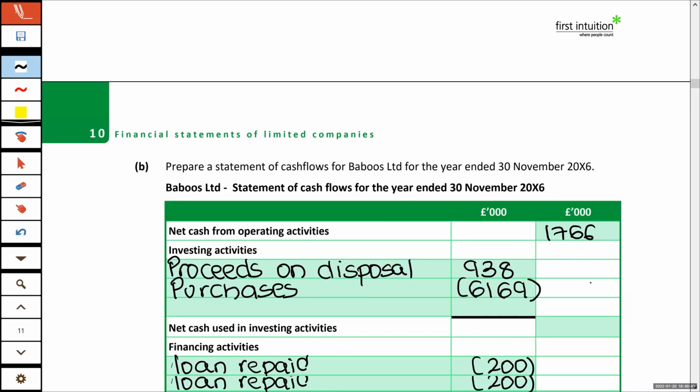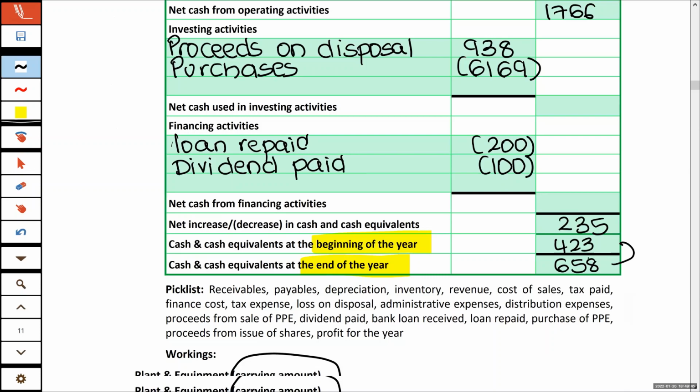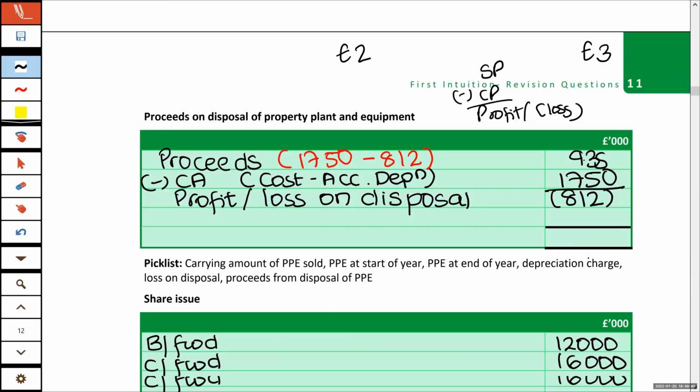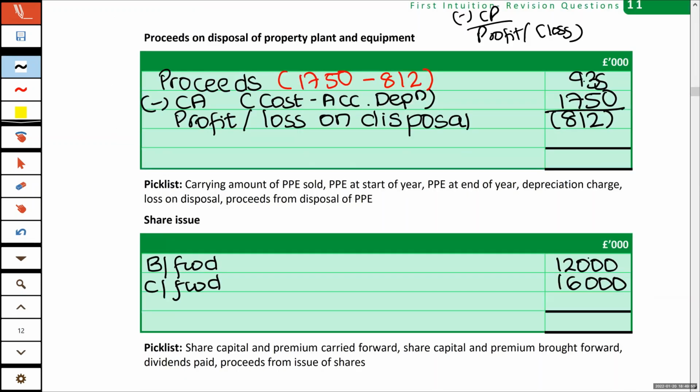And in part B, I'll look at all my workings to make sure I've closed them, dealt with them. I've not dealt with one. That is share issue. What's happened is at the start of the year, I had 12,000 shares. At the end of the year, I have 16,000 shares. What does that mean? Why is there a difference of 4, do you think?